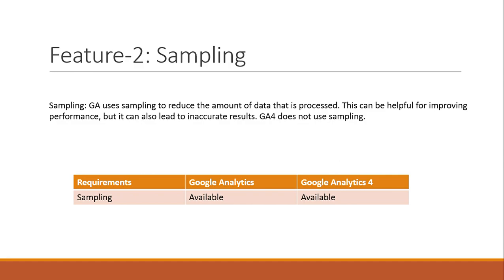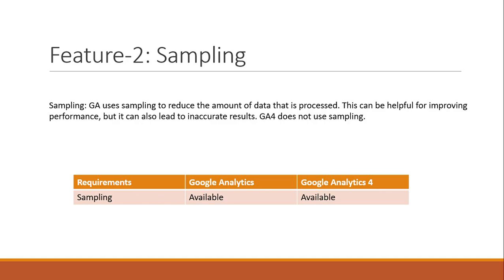Second feature is mostly about sampling. Everybody knows that in Google Analytics, whenever we apply a filter or a segment, there will be sampling of the data. However, when moving from event category to event action, the sampling rate remains the same in Google Analytics. In GA4, if we add a new parameter to an existing event that we are tracking, the data changes completely based on the sampling rate.